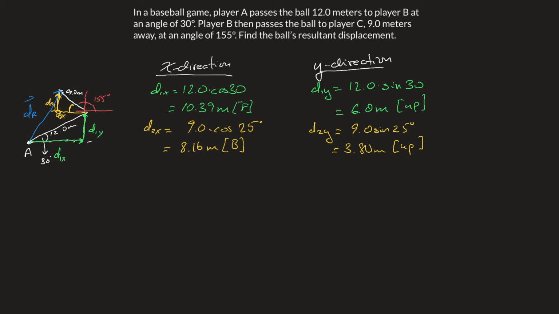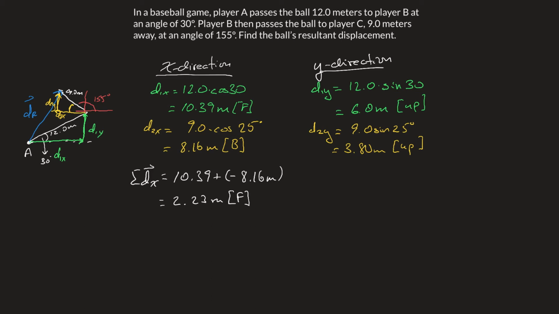We can now go ahead and add up all of our x components and y components. So the sum of all of the x components of our displacement is going to be equal to 10.39 meters plus negative 8.16 meters, because of course it's going in the opposite direction. So our net displacement in the x direction is 2.23 meters.